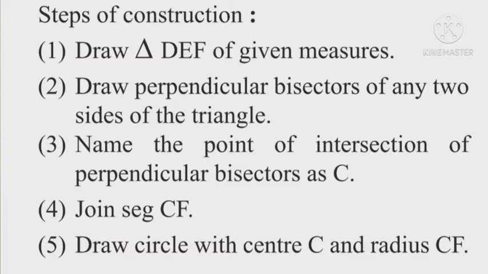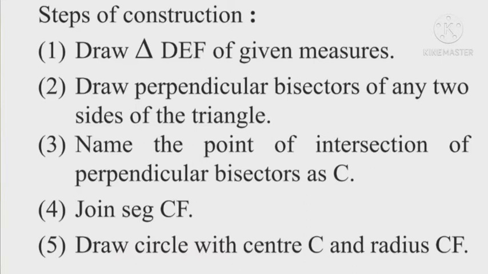To construct the circumcircle, the first step is to draw the triangle with the given measurements, as given in the question. As per the measurements given in the question, draw that triangle.